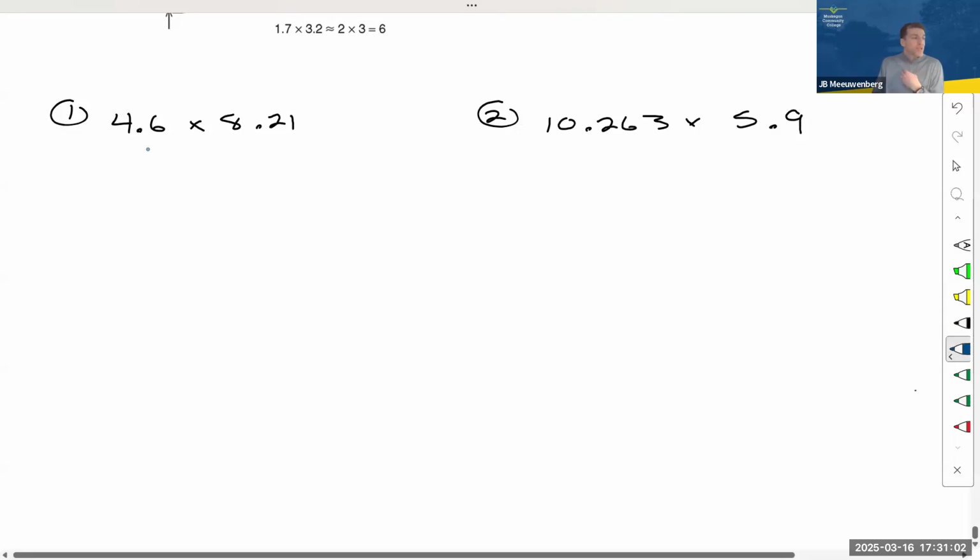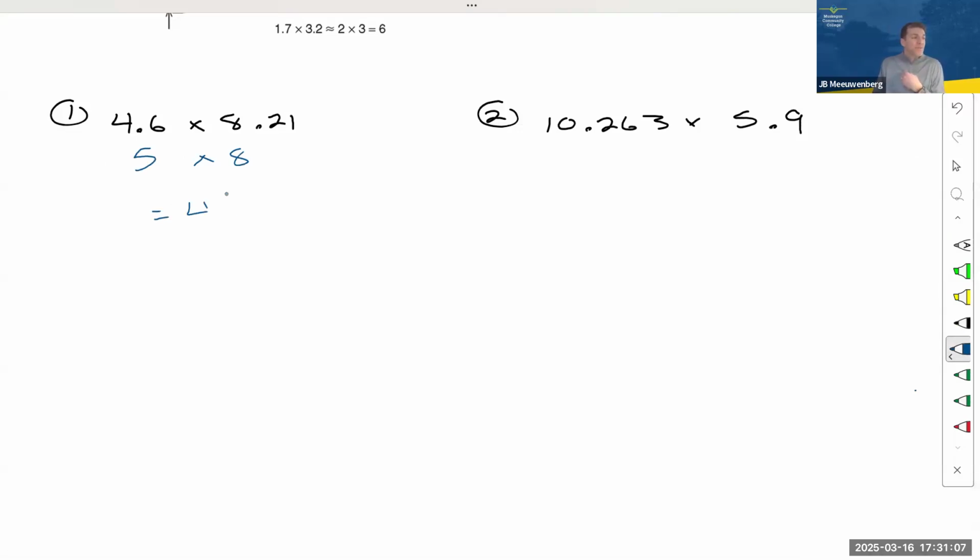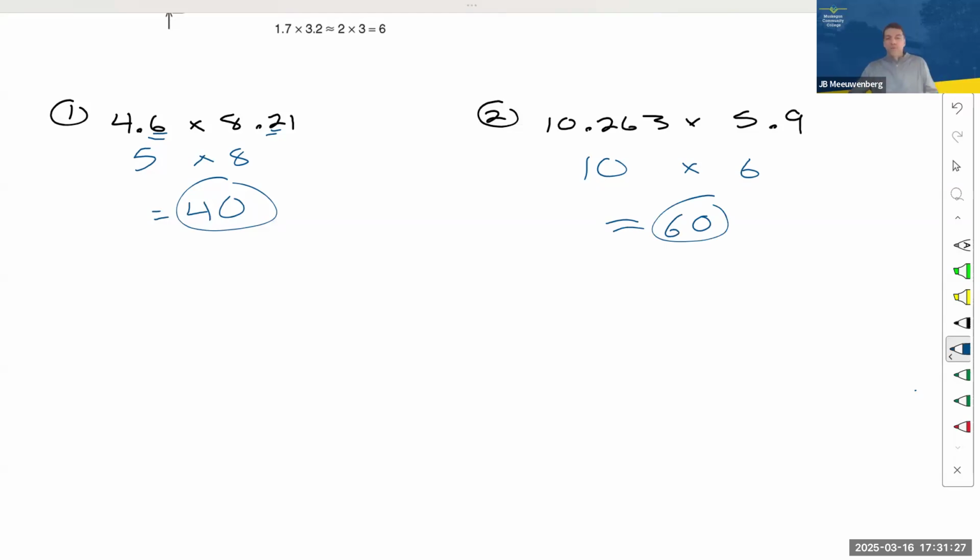For number 1, this is going to round to 5 times 8, which is approximately 40. So right there, again, this tenths place will round that 4 up to a 5. This tenths place will round that 8 just down to 8. For number 2, this will round to 10 times 6, which is approximately 60. So sometimes we round both numbers to the nearest whole number.